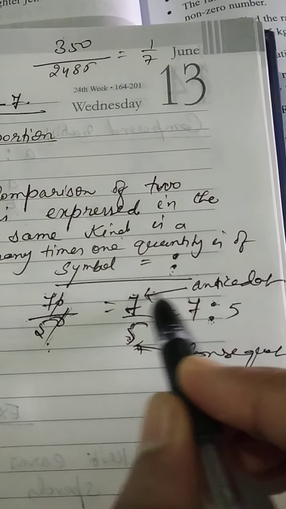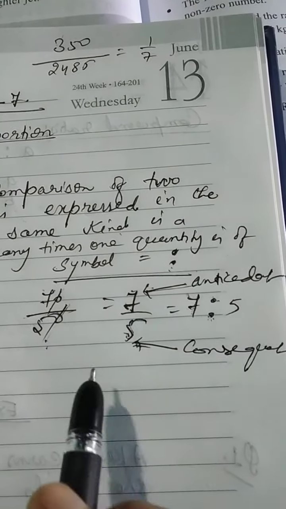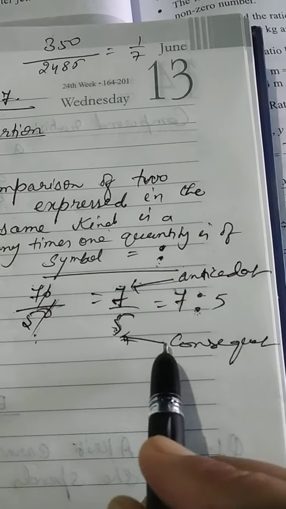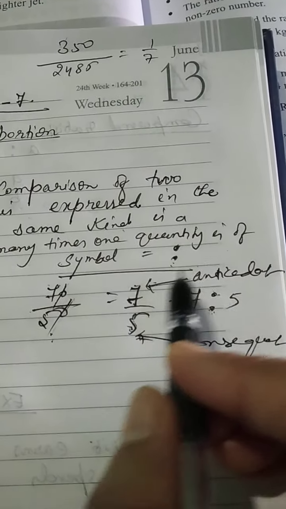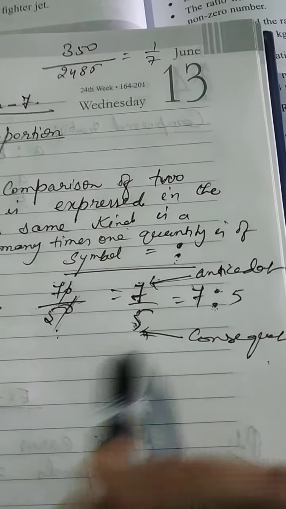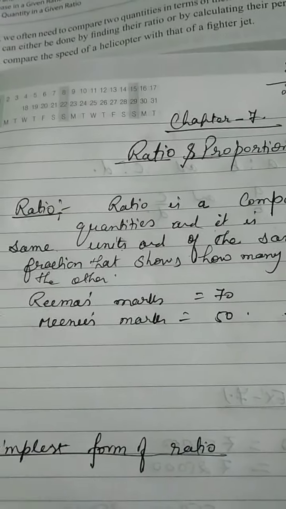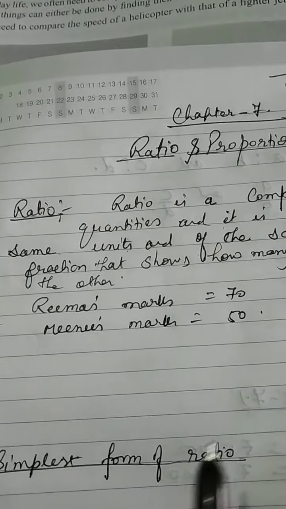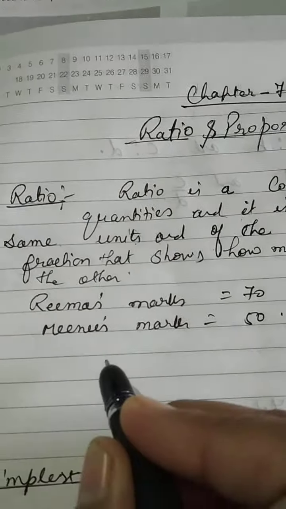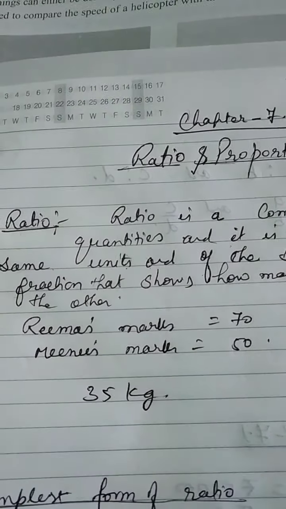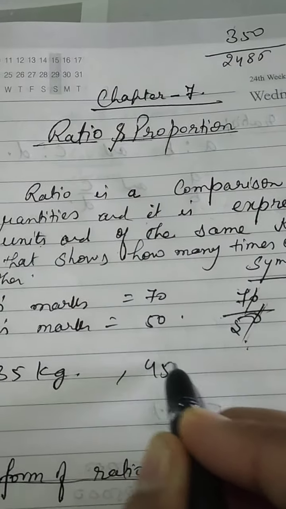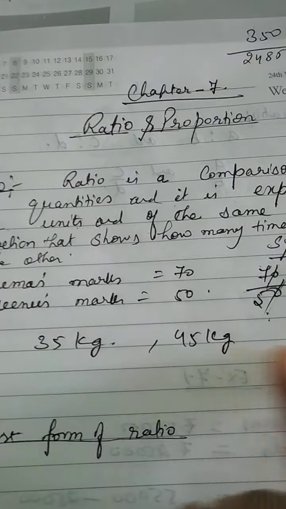Now the first part is called the antecedent and the second part is called the consequent. Always remember, antecedent and consequent. Similarly, you can compare anything, like suppose somebody's weight is 35 kg and somebody's weight is 45 kg and you want to compare it.